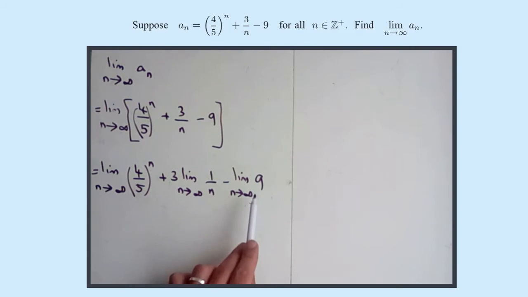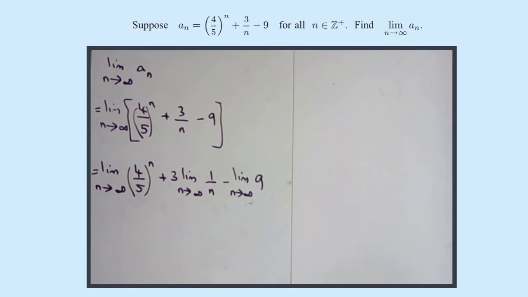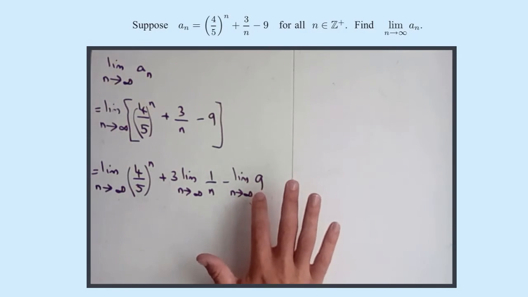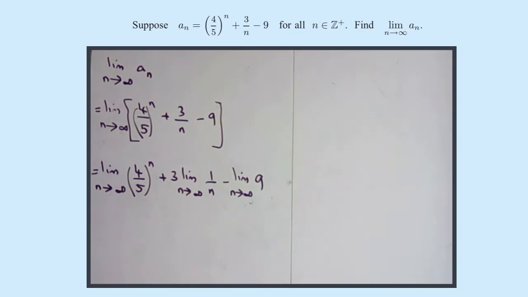This is just a sequence with every single term being 9. The fact that n is approaching something has no impact on the 9s, because it's literally a sequence of 9, 9, 9, 9 forever up into infinity. So this is just going to be 9. This one we know, as n approaches infinity, 1/n approaches 0. It's one of the first things we learned on the course.